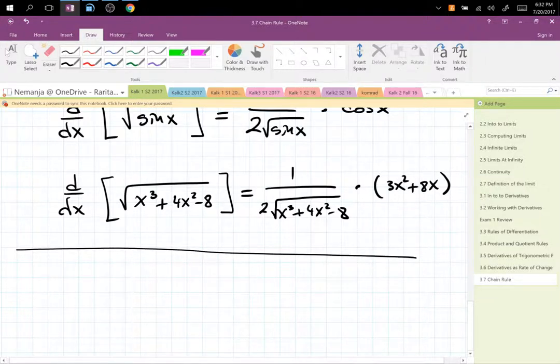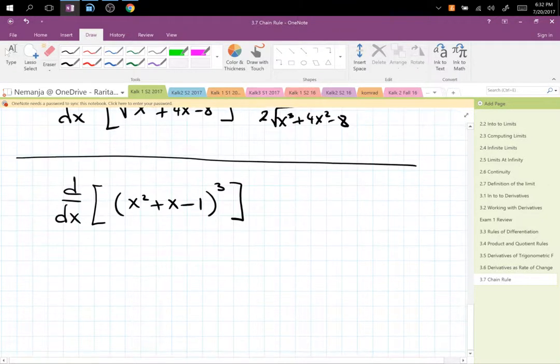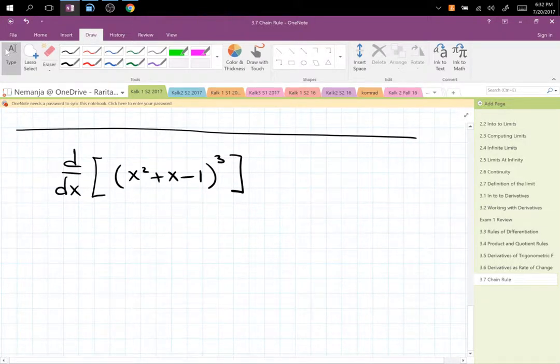Now I'm going to ask you for input. What's the main function here? What's the main function?